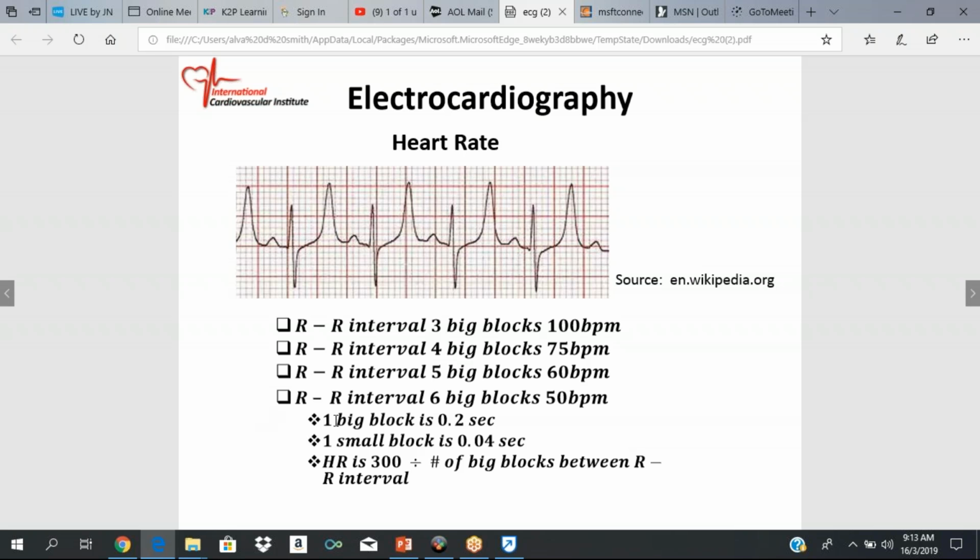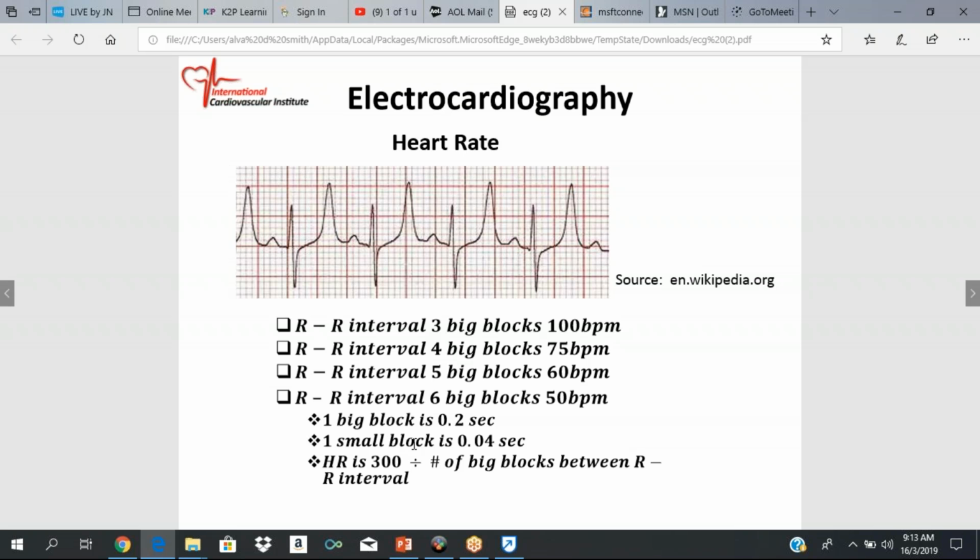It's important to note that the duration of each big block is 200 milliseconds, which is 0.2 seconds. Okay? So the duration of a big block is 200 milliseconds, which is the same thing as 0.2 seconds.